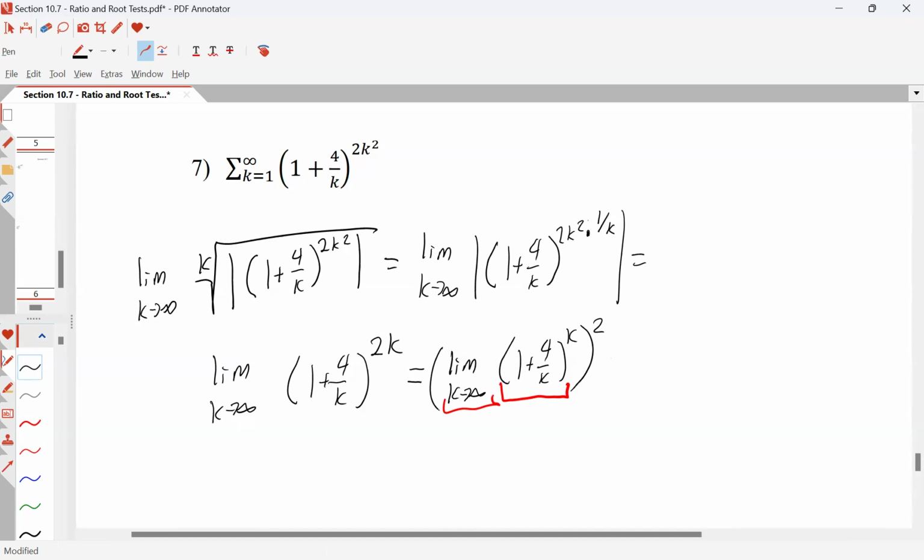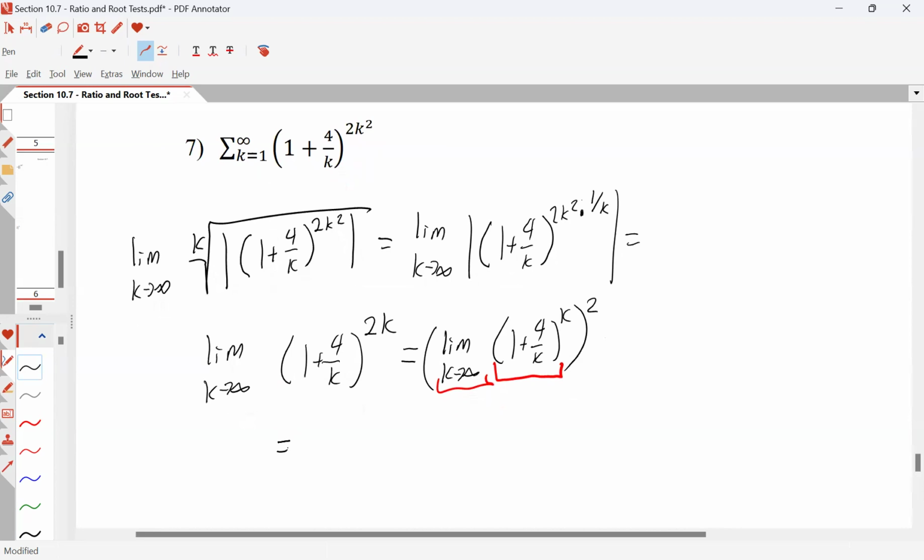That is one of those special limits that were addressed in the first video of this section. This is the limit as k goes to infinity of 1 plus 4 over k to the k, which is of the form limit as k goes to infinity of 1 plus a over k to the k, and that limit becomes e to the a.